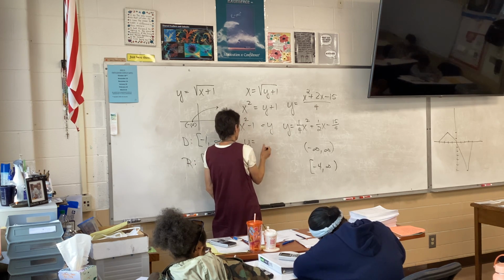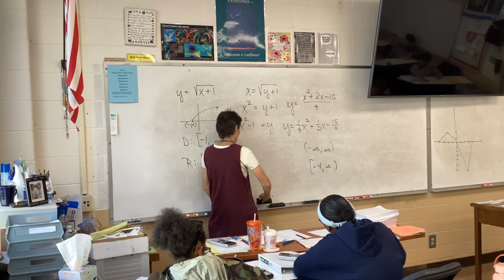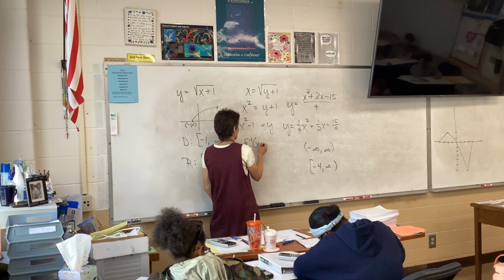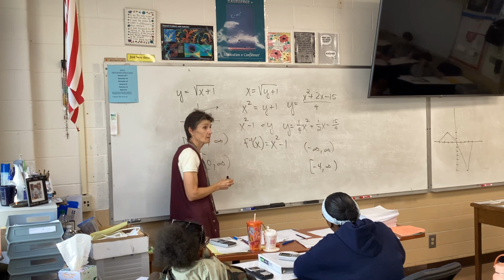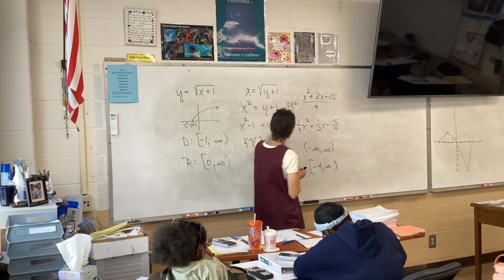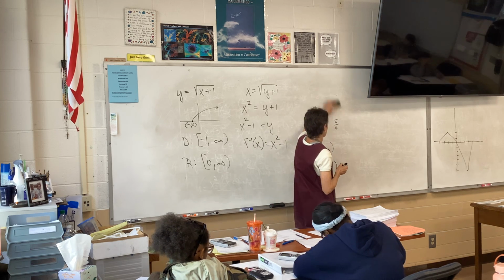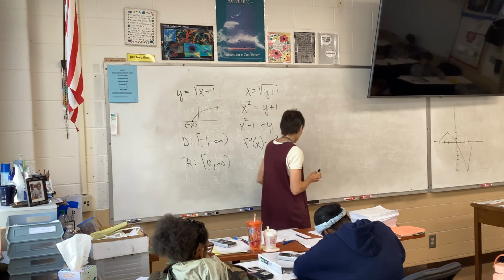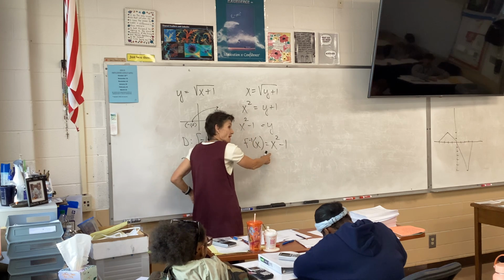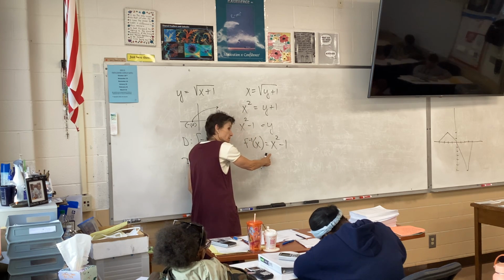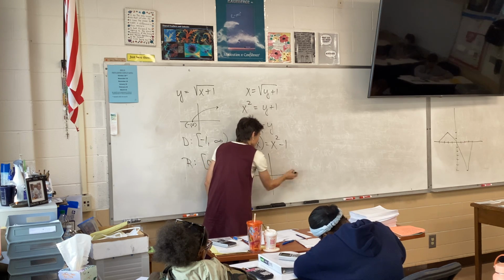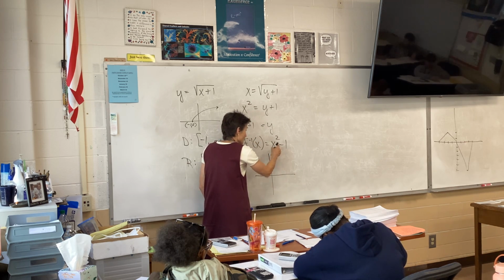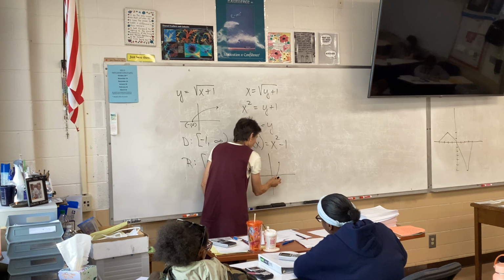So y, or f inverse, equals x squared minus 1. Now this is a harder problem than you think, because if I said to you, graph that, you could. What's that? A parabola. But it's been moved down 1. So it would look like this, right?